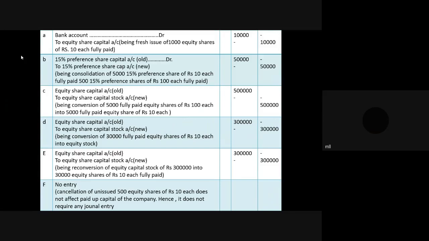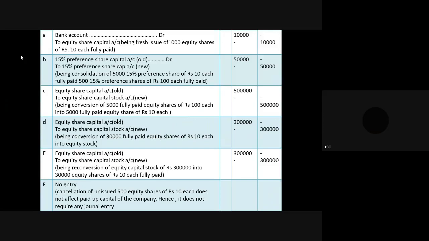Next, the second entry. The company has consolidated 5,000 15 percent preference shares of rupees 10 each into 500 15 percent fully paid preference shares of rupees 100 each. The entry: 15 percent preference share capital account old debit to 15 percent preference share capital account new, rupees 50,000.